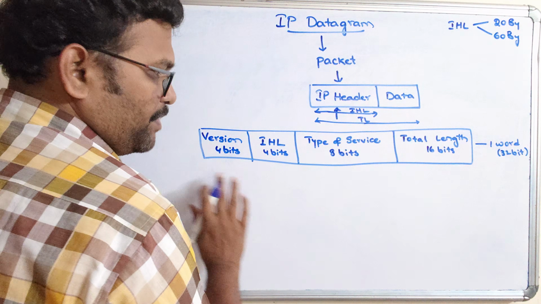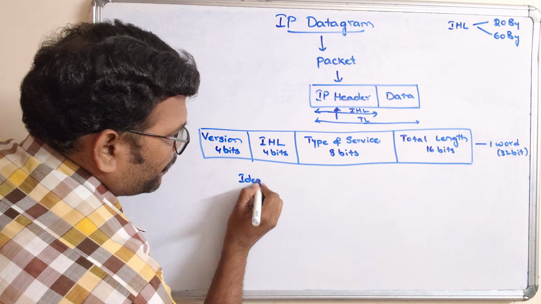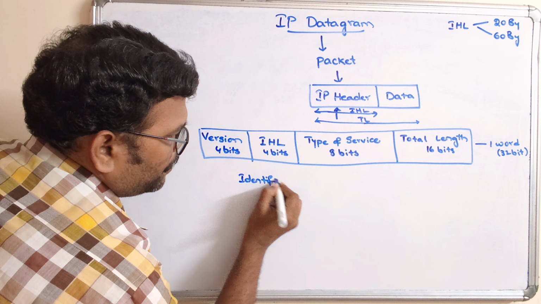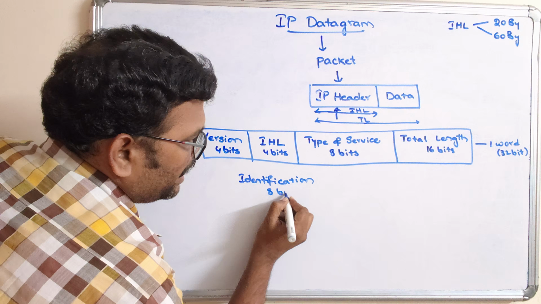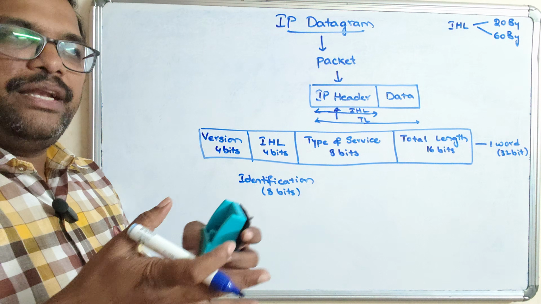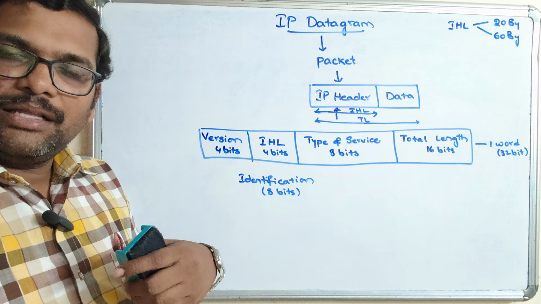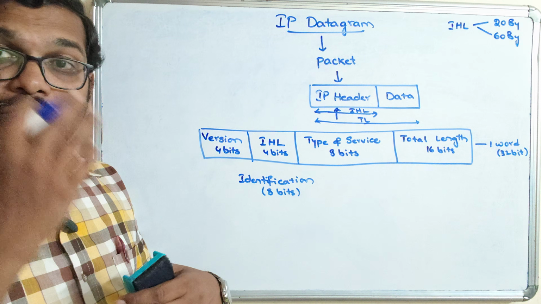And in the second word, the first one is identification, which requires 16 bits to represent. We know that if the data is very large, that data will be fragmented into different parts.